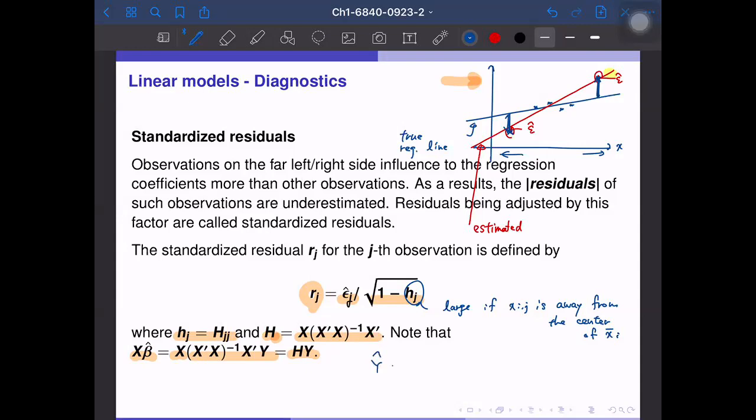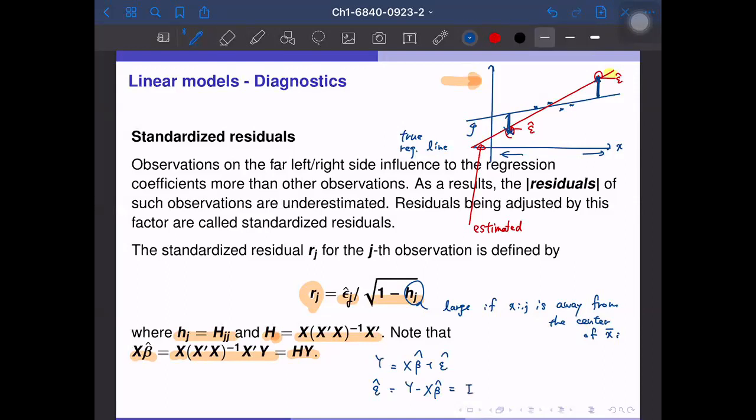So y is equal to x beta hat plus epsilon hat. And epsilon hat is y minus x beta hat. So that is actually, y is observed. So this is y minus x beta hat.